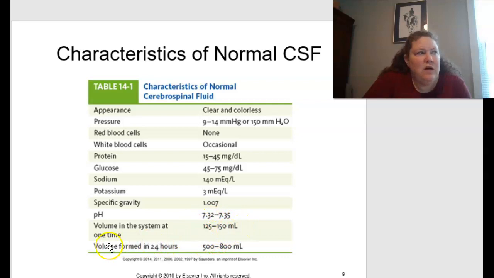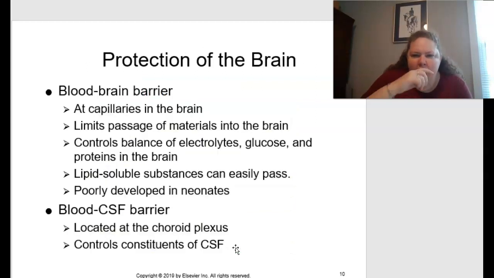But the volume formed within 24 hours is about 5 times that, right? What that means is we form, filter, and recycle about 5 times the amount that's in our brain at any given time. So we have to have good reabsorption pathways, or else we would have some issues that can lead to hydrocephalus, etc.